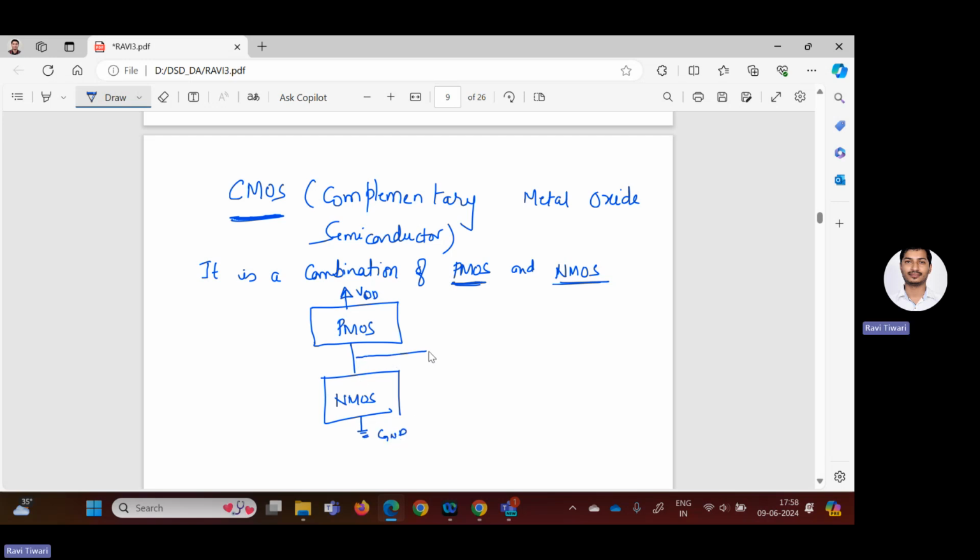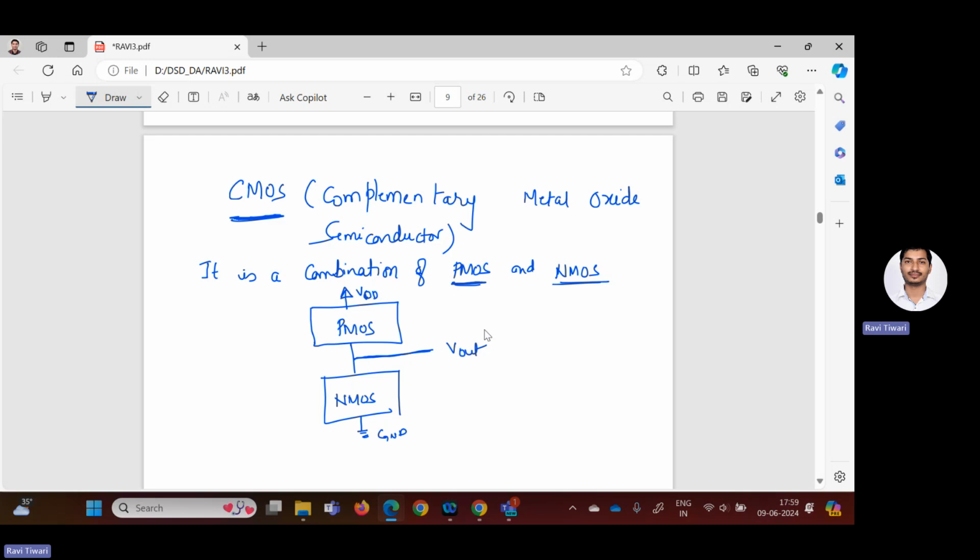From the center, we can take the output that will be Vout. That is the simplest design by which we can explain how we can design the CMOS with the help of PMOS and NMOS. We have to keep the PMOS at the top and NMOS at the bottom.